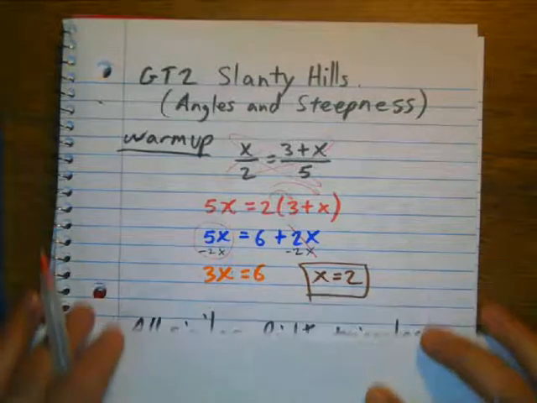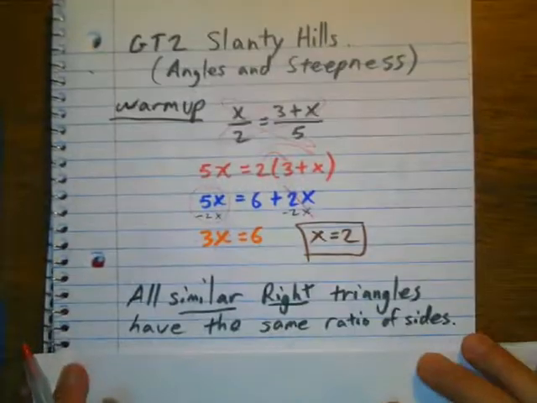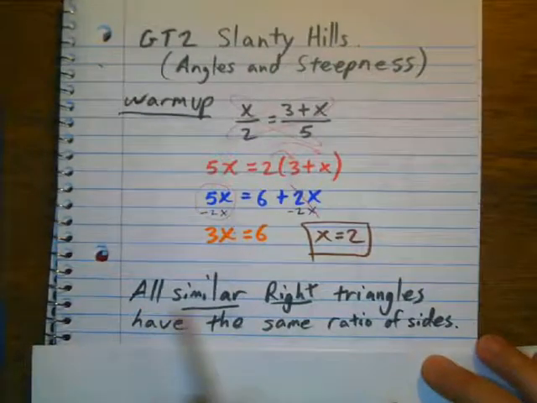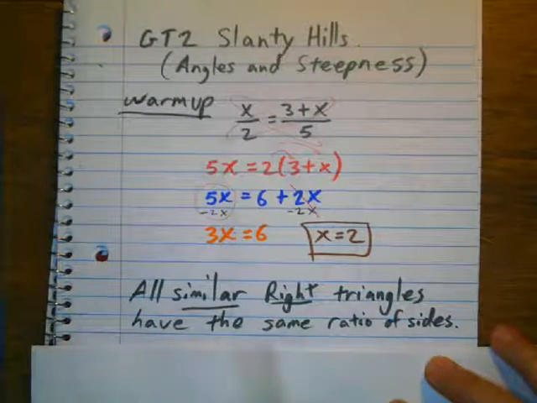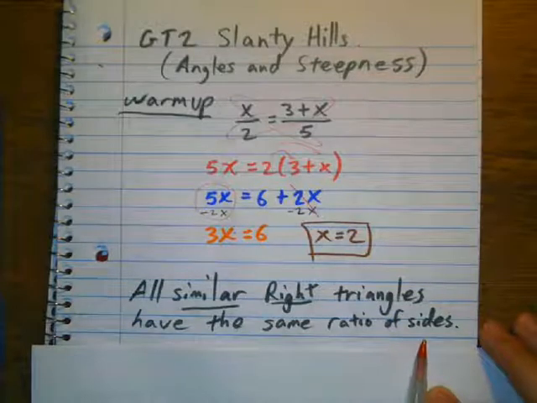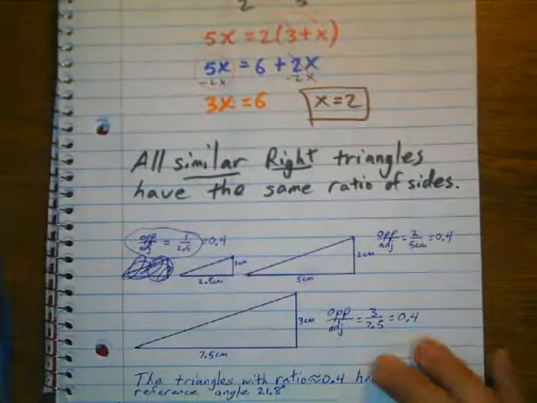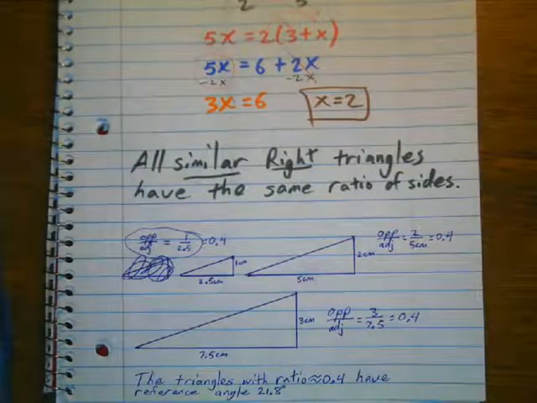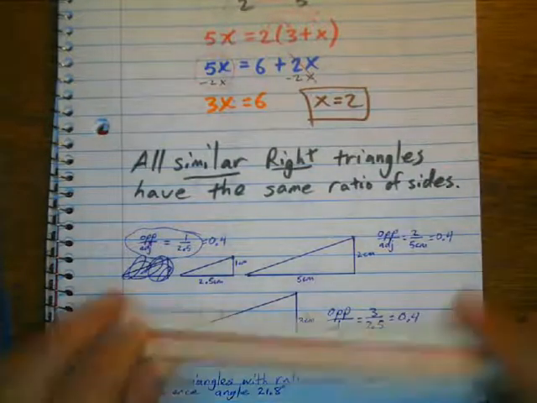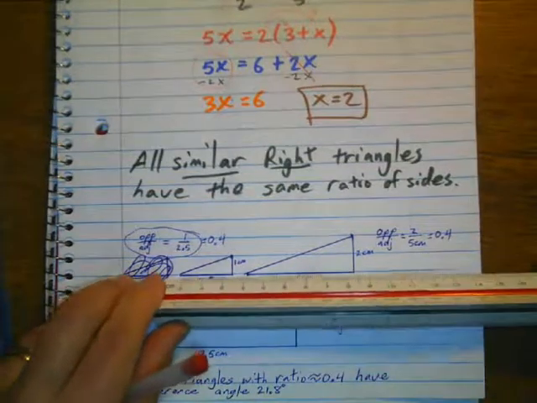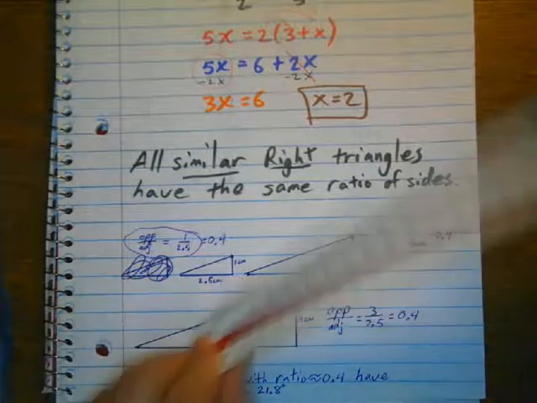Okay, so now let's talk about what we've been talking about for the last few days. All similar right triangles have the same ratios of sides. So what does that mean? So here I've got 3 similar triangles, and I measured it with my ruler, and I measured this to be 2.5 by 1 centimeter.